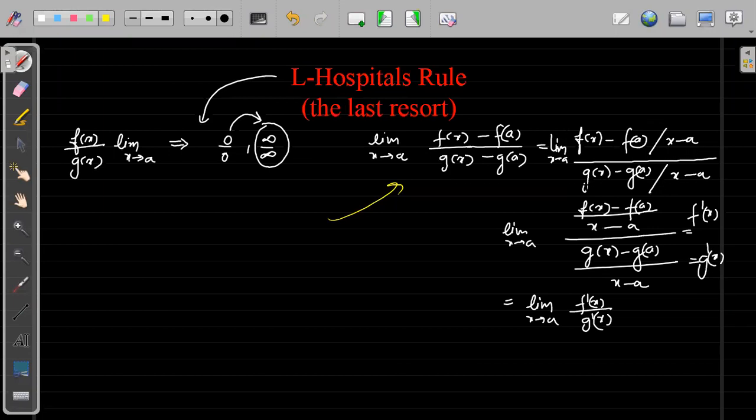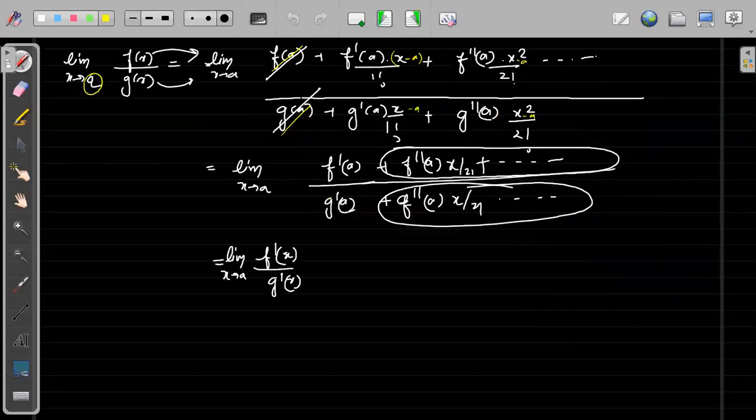This becomes f dash x upon g dash x. That is why for the 0 to the power infinity form, you cannot write it in this form. Similarly, in the second method also, because these two are tending to 0, I can simply write this form. Understood? Sri Neelan, did you understand? Only with 0 by 0 and infinity by infinity forms can I write it in this form.